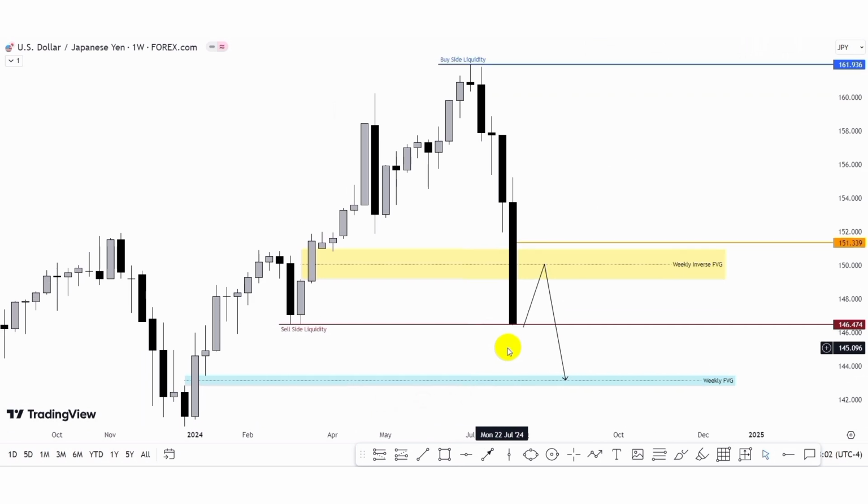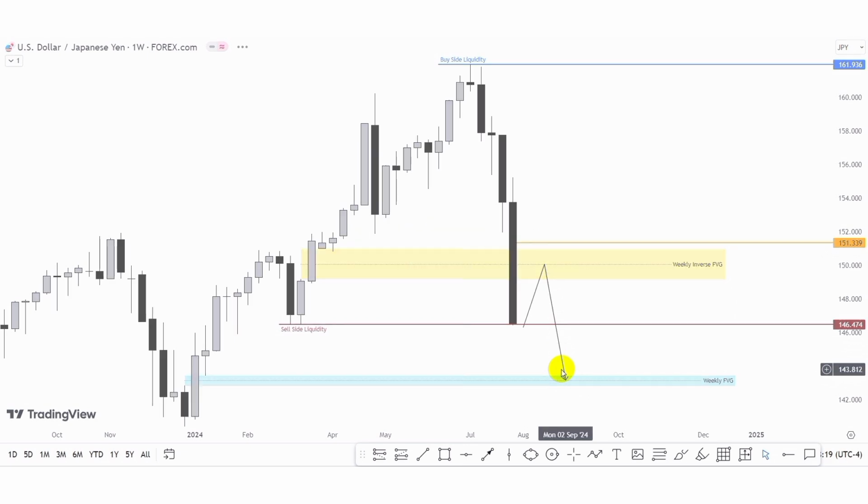So let's drop to the daily time frame so that you can see why we are also considering the possibility of price giving us a wick to the upside, and then the down close movement that further pushes price to the downside. So let's check the daily time frame.